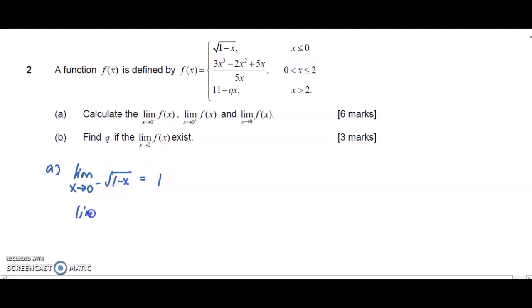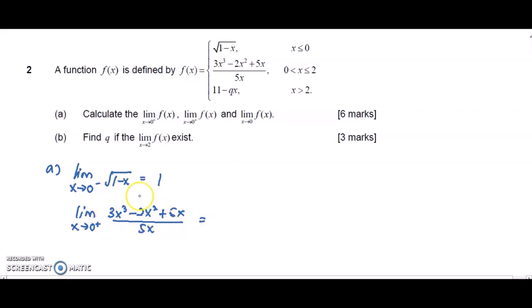Now we proceed to the right-hand limit. When x approaches 0 from the right, 0 positive, you can imagine it is something a little bit greater than 0. So a value greater than 0 will be formed in this interval. Then we take this function as our f(x): 3x cubed minus 2x squared plus 5x over 5x.